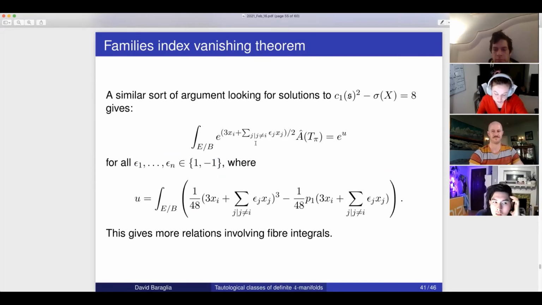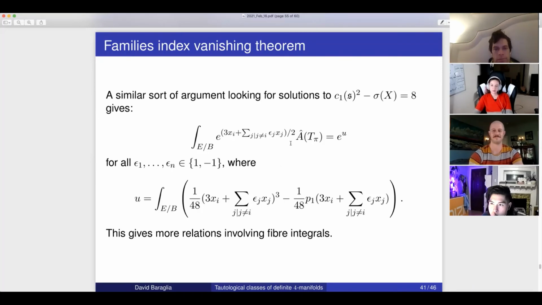Okay, and then I don't want to go into too much detail, but basically you also do an argument for spin C structures such that the index is 1. In other words, that corresponds to c1 squared takes sigma equals 8. So the rank is 1, and so the Chern classes have to be 0 in degree bigger than 1, and that tells you that the Chern character looks like e to the u, where u is c1.